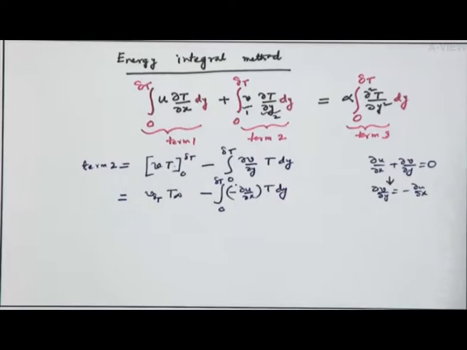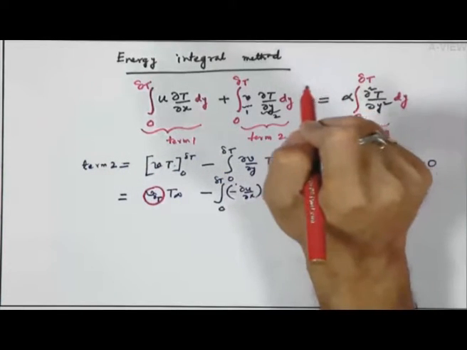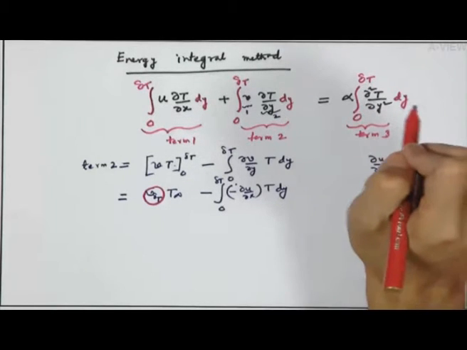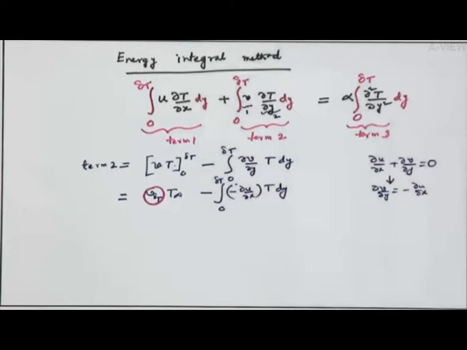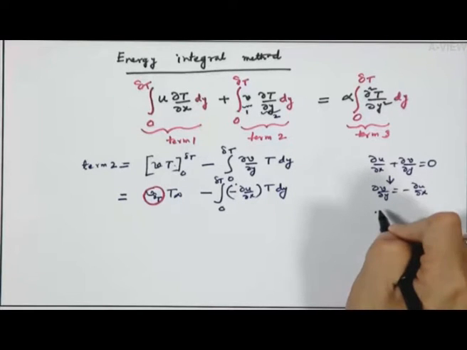Now, how to get this v at delta t? To get this v at delta t, we integrate the continuity equation.